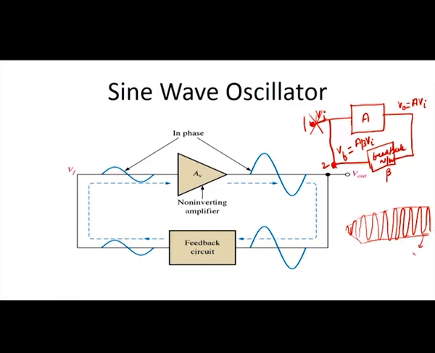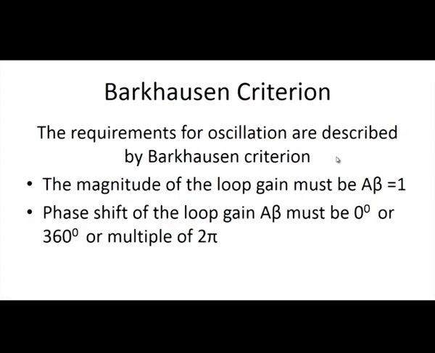So here the amplitude is saturated, and initially it is due to the noise. There is also a problem with making this A beta exactly equal to 1, because the gain will change when the temperature changes, or because of the aging of the passive components used in the circuit, or because of a change in the supply voltage.